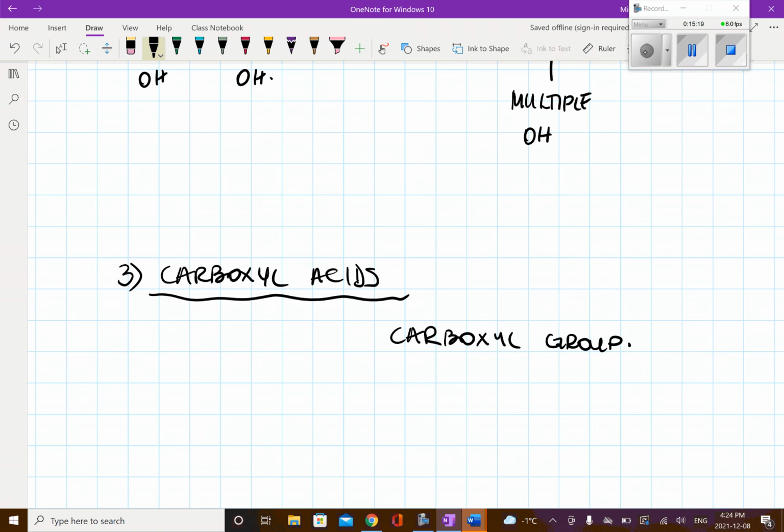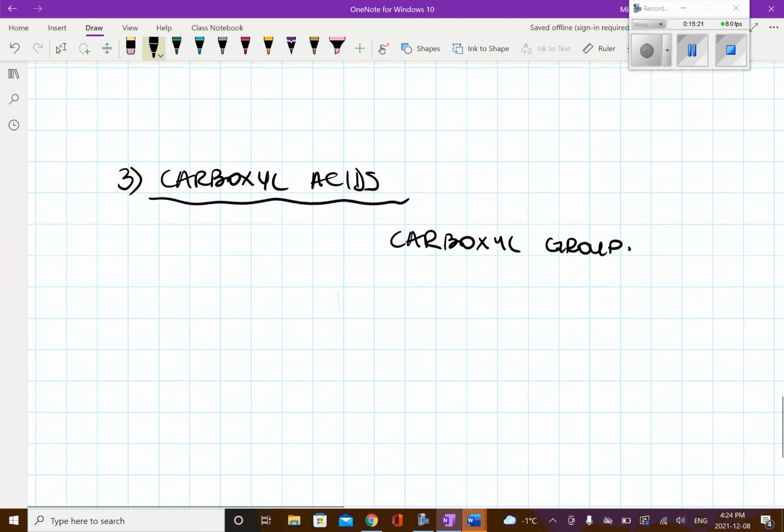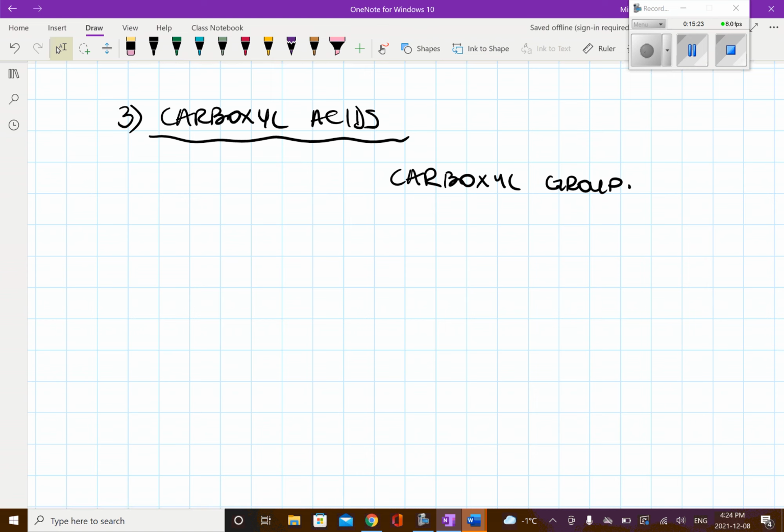What is a carboxyl group? It consists of a carbon with oxygen, so a carbonyl group, and a hydroxyl group.